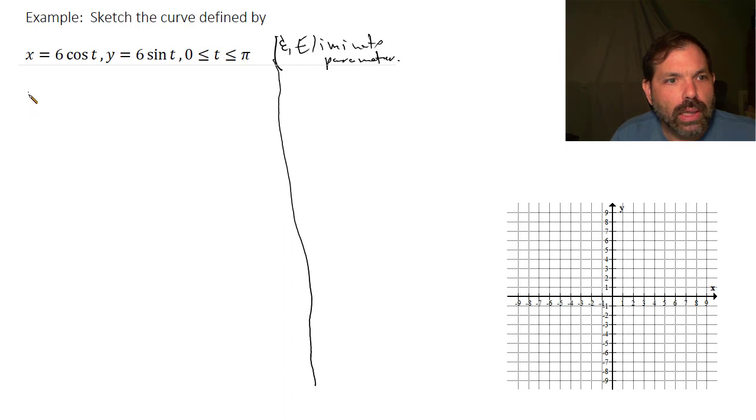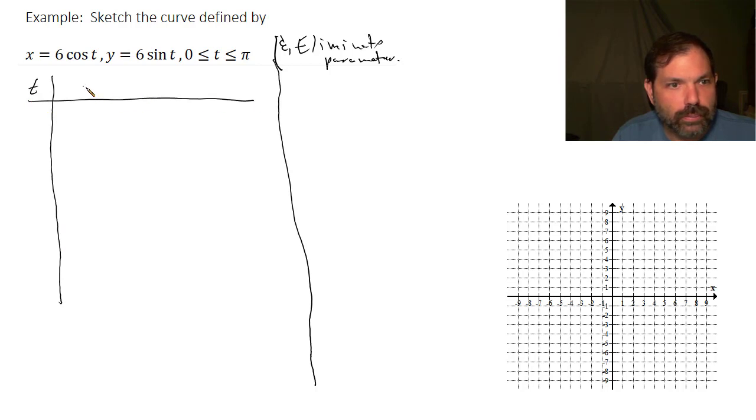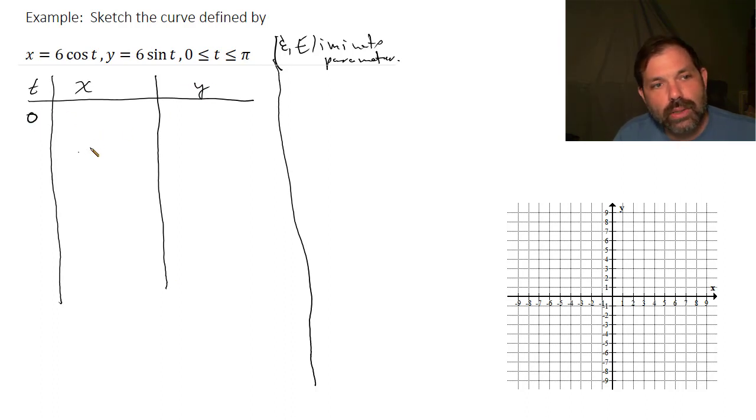So let's set up our table here, t, and an x and y. Well, if t is 0, that's easy enough. 6 times the cosine of 0 is 1, so that would be 6. And y would be 6 times the sine of 0, and that would be 0. So there's my initial point, 6, 0.